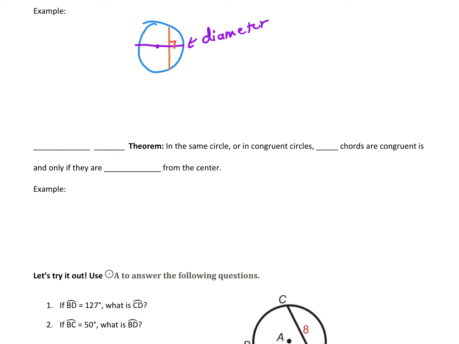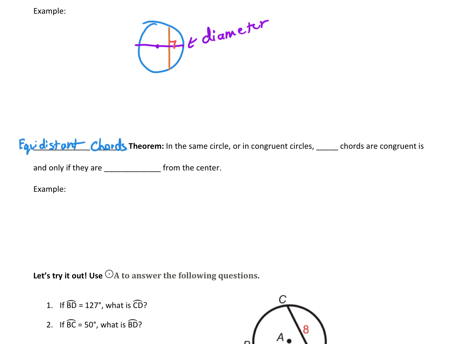Our last theorem that we're going to cover is the equidistant chords theorem. Equidistant meaning same distance. Let's try to rewrite that. So they are the same distance.